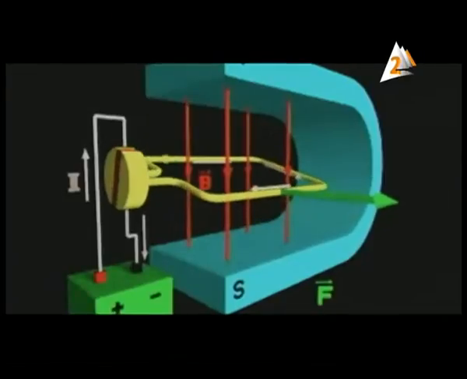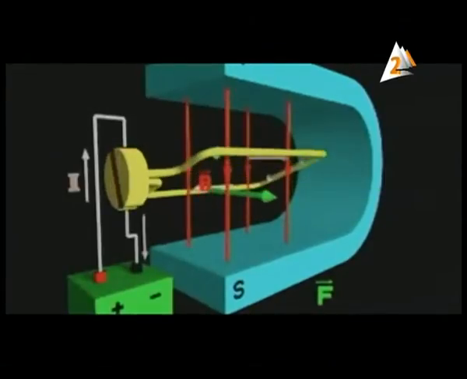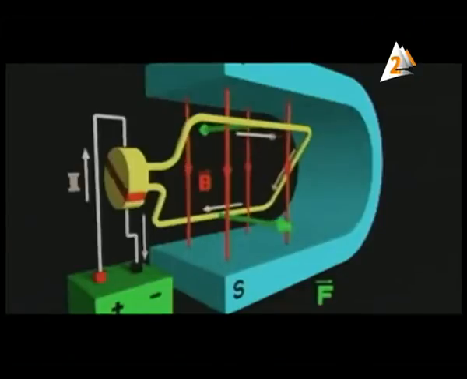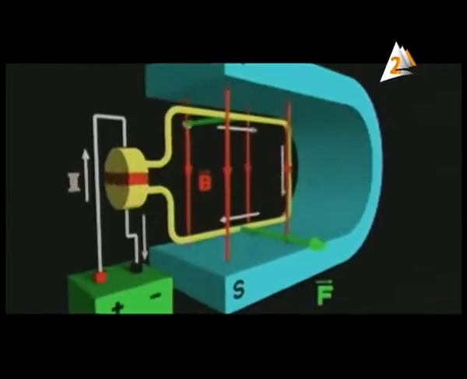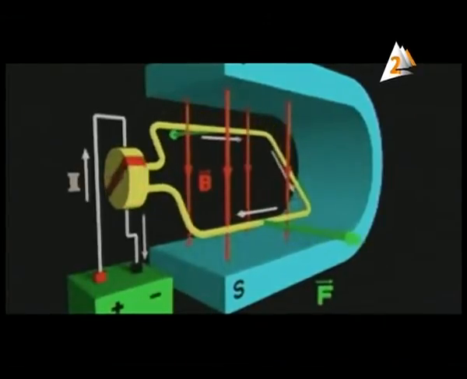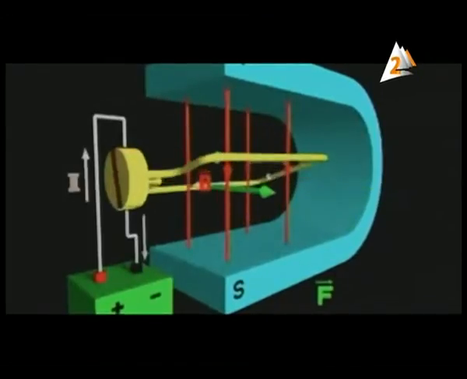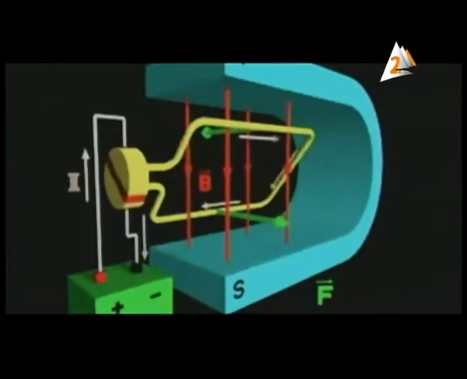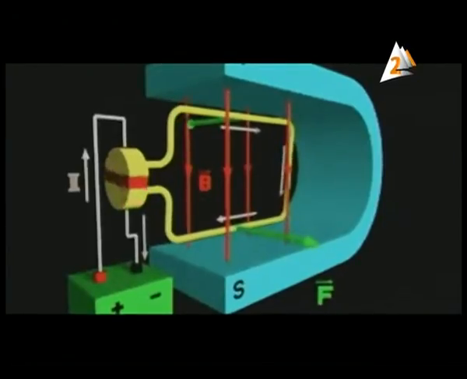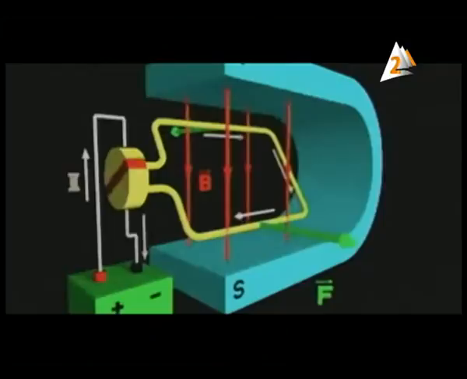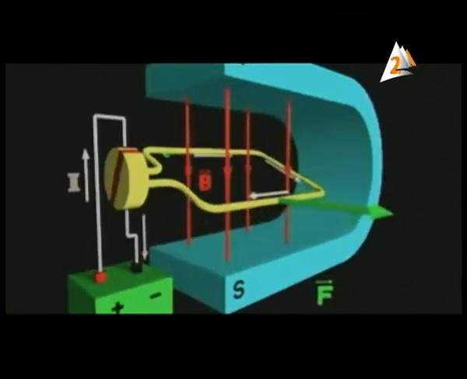By the way, it is now shown in the horizontal position, but after rotating through 180 degrees. But let me remind you of something very important. In the vertical position, the torque equals 0. But the coil overshoots this position because of its inertia. Okay? So this is very important.